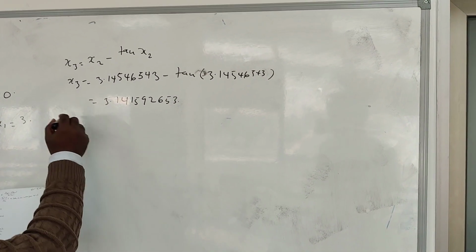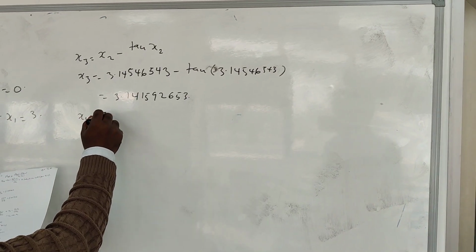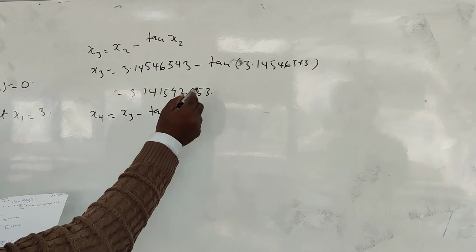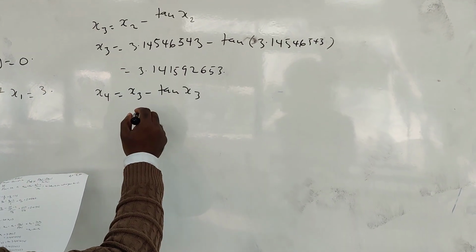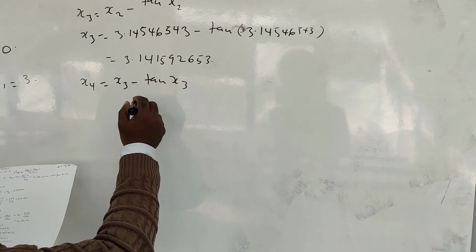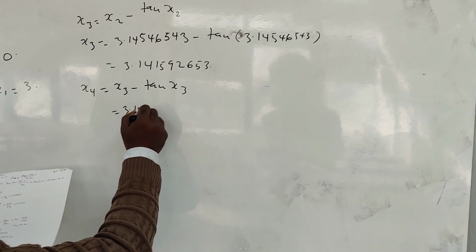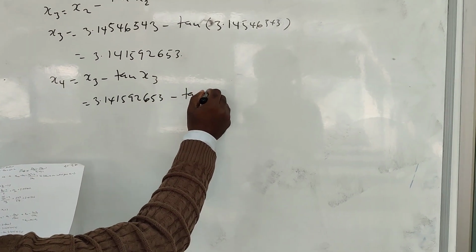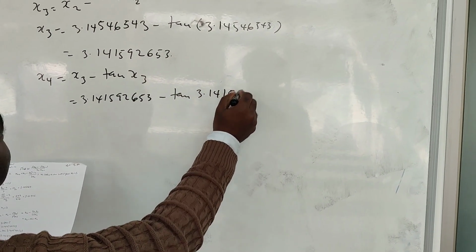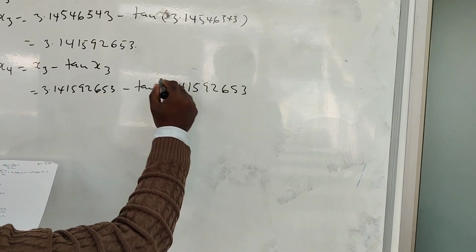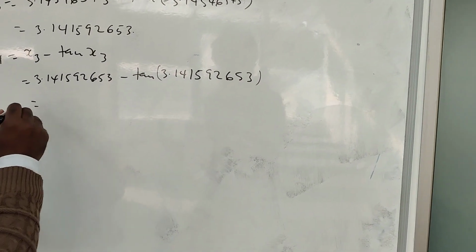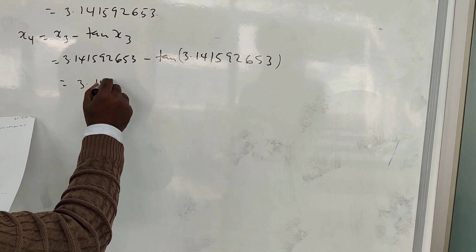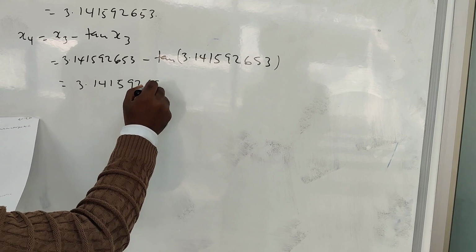Now we can continue to x4. Following that pattern, x4 will be given as x3 minus tan x3. Don't forget we derived our x3 to be 3.141592653. So it becomes 3.141592653 minus tan of 3.141592653. If we simplify this, we arrive at 3.141592654.